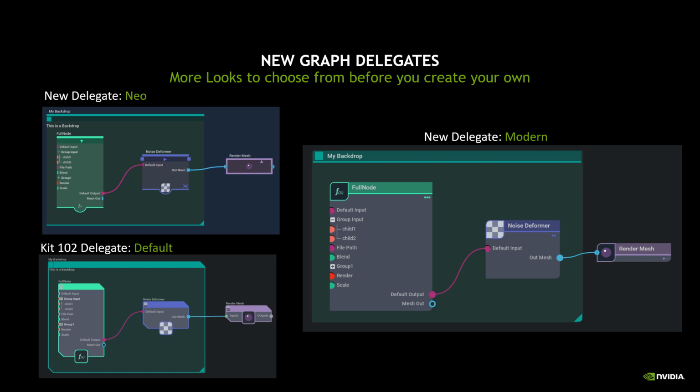And the new modern delegate, which is effectively our new default for 103, the one used for the new action graph, and that looks really beautiful in all of the different shapes and zoom levels. All of those are available for you to use as a starting point for creating your own, or just use as is, so your application doesn't have to bring a custom UI element for the graph.